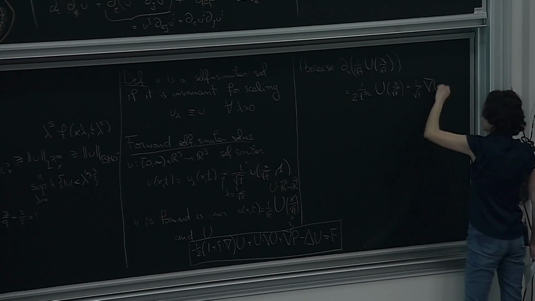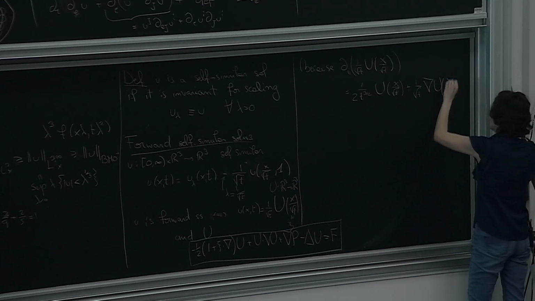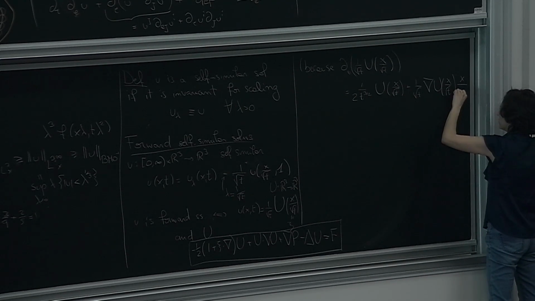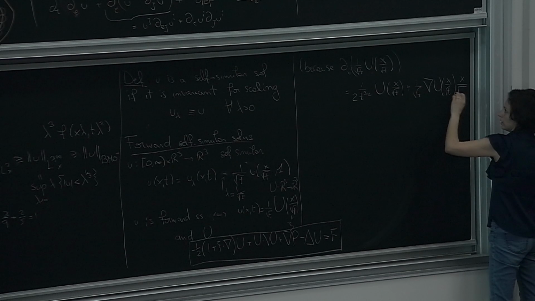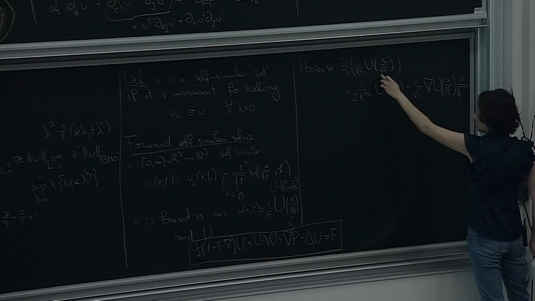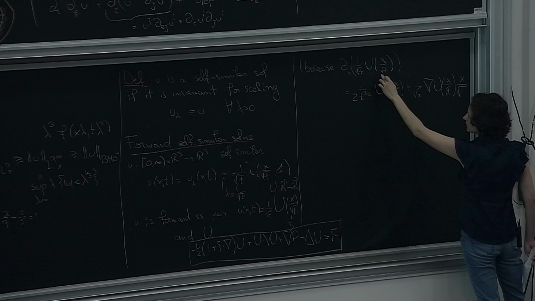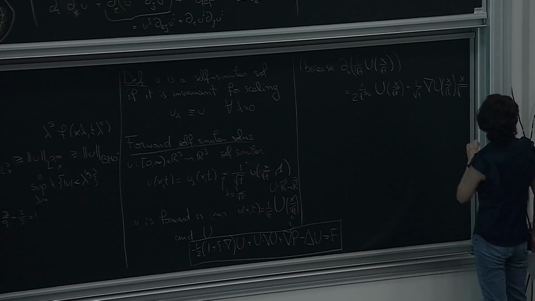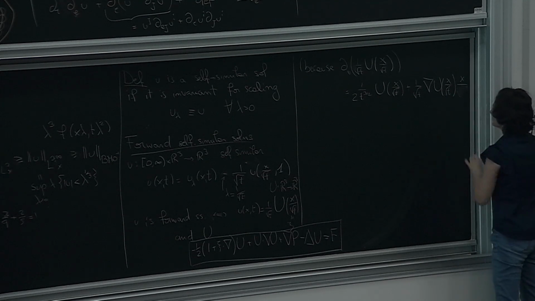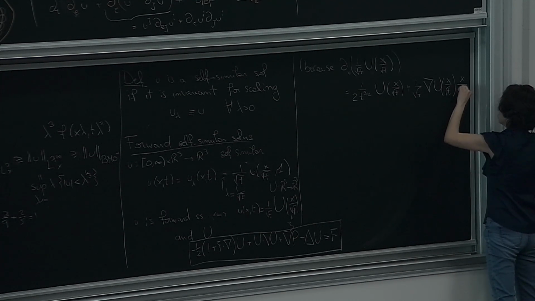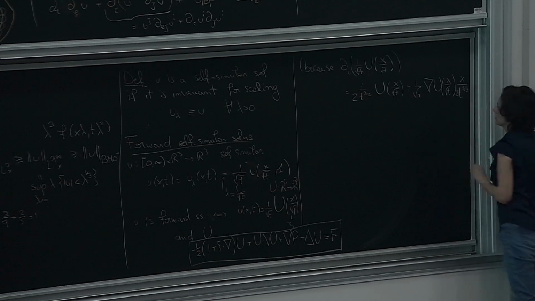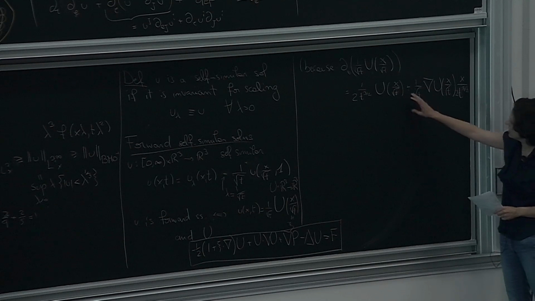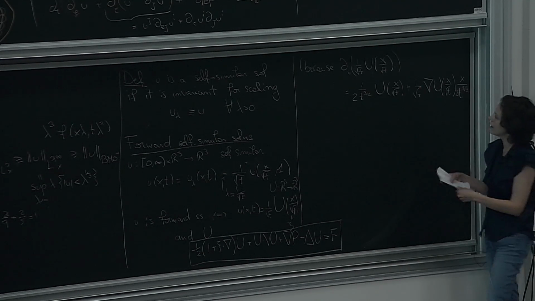Then I get a gradient of capital U. And then I get to differentiate what is inside. So I get an x over t to the 3/2, when I differentiate 1 over square root of t. And now I want to read this equation in the variable psi.